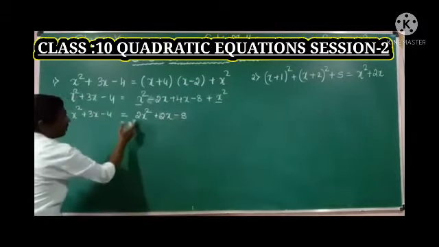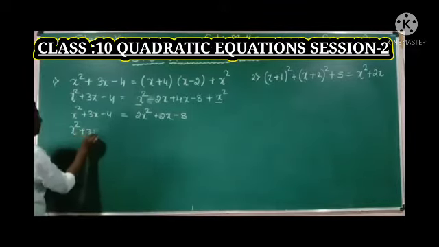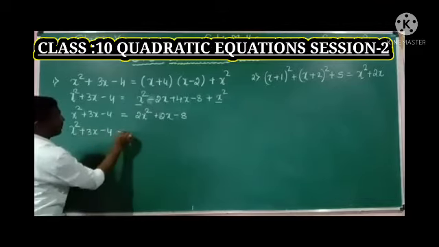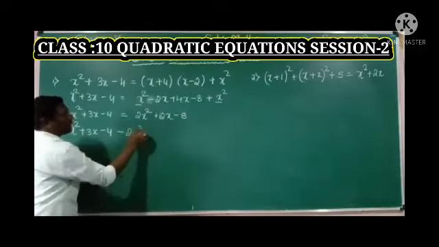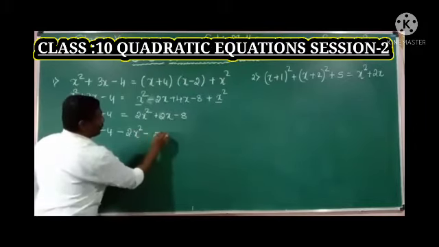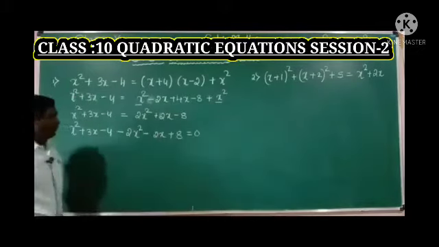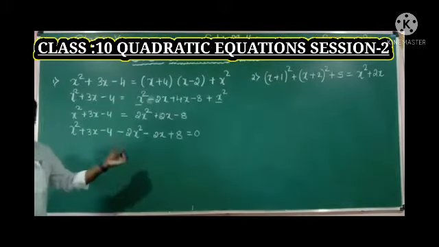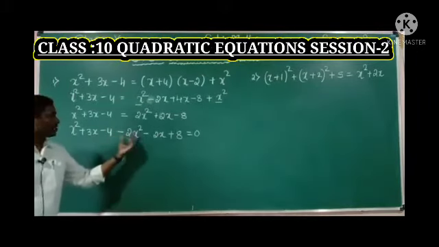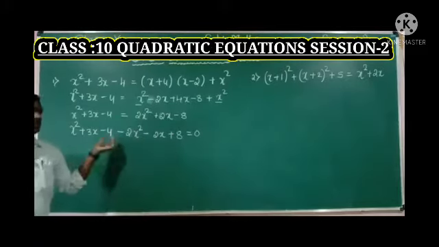Take all of this RHS part to the LHS side. x square plus 3x minus 4 minus 2x square minus 2x plus 8 is equal to 0. First compare the x square terms, next the x terms, next the constant values.